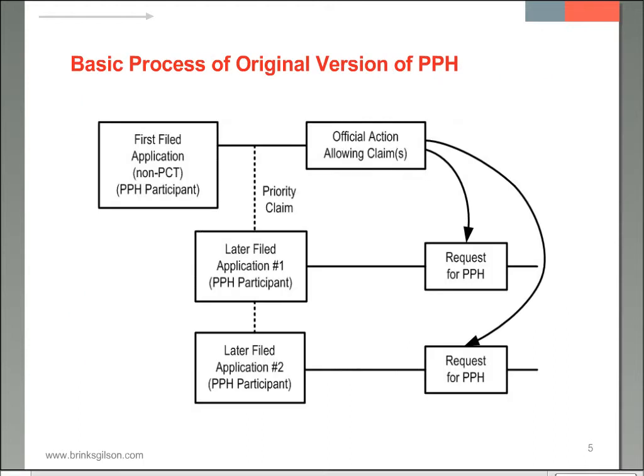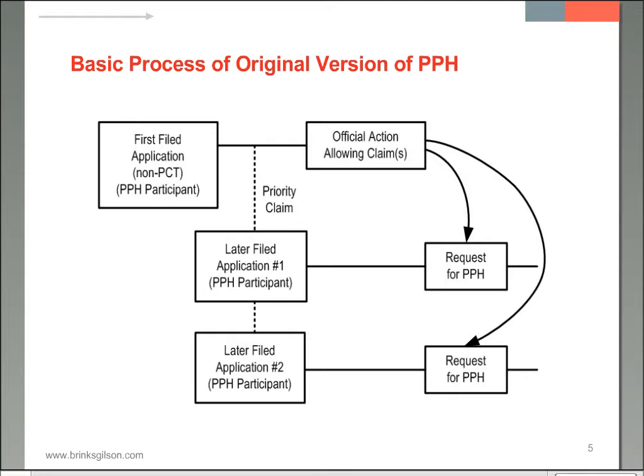I'm showing with this slide a typical flow chart for participating in the original version of the PPH. As you can see, originally the first filed application should be filed in a PPH participant country, we'll call it Country A, and it could not be a Patent Cooperation Treaty application.